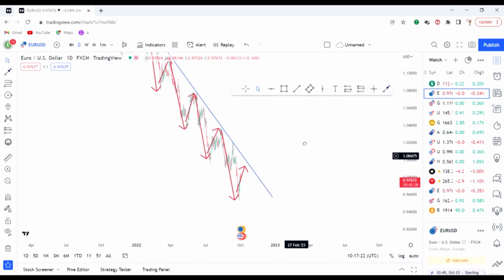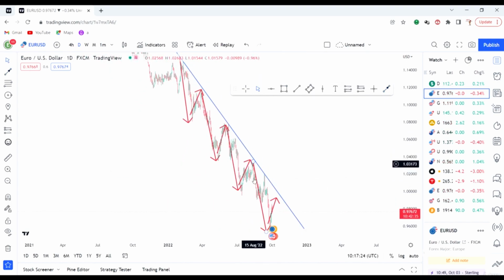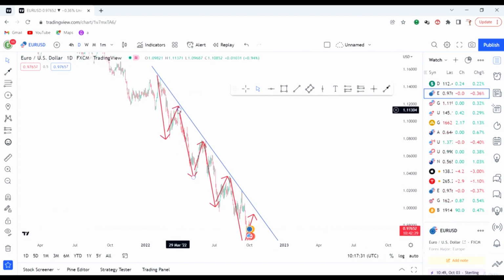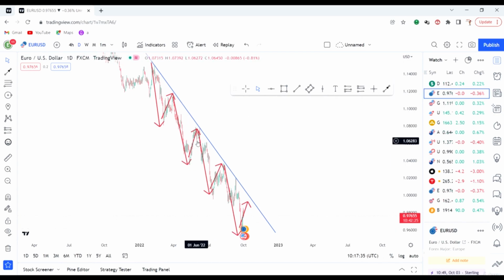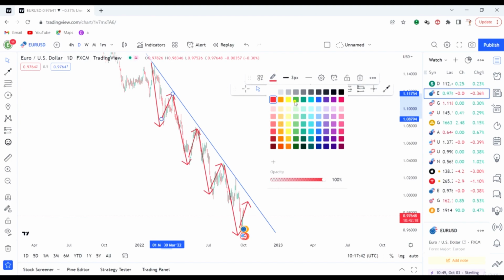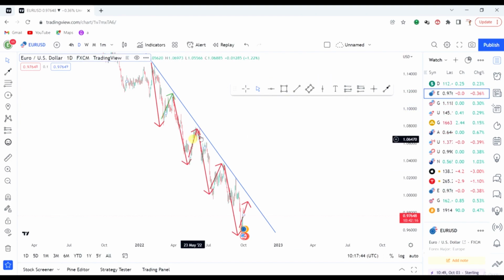You can also see that the retracements cannot be compared to the actual move. The main money is in the actual move, not even in the retracement. The retracement should help you to align and to look at where next the market might be going. So let's color this retracement green.